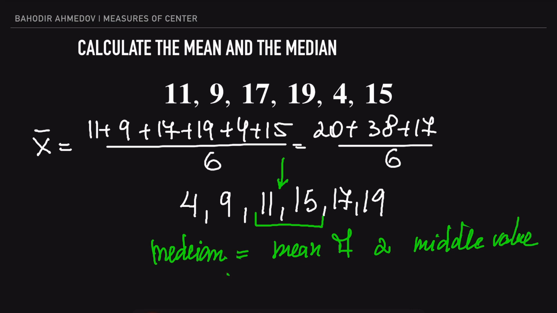In this case, it is going to be 11 plus 15 over 2, and that's going to be equal to 26 over 2, which is equal to 13. So when the number of values in your sample is even, then we have to find the mean of the two middle points in order to find the median.